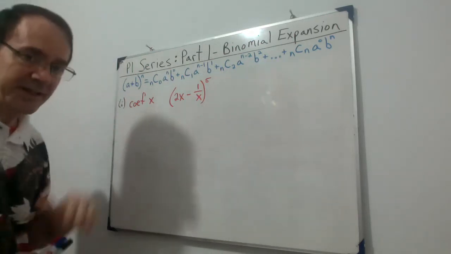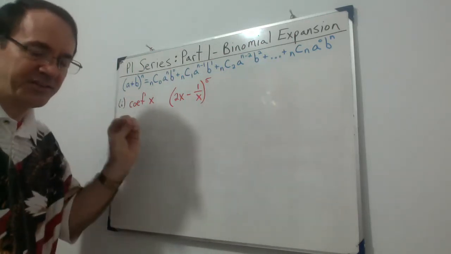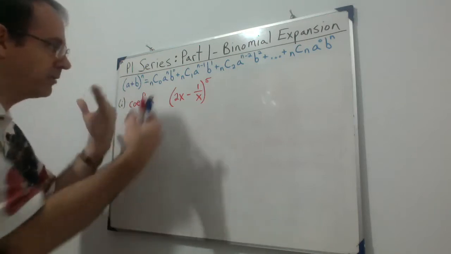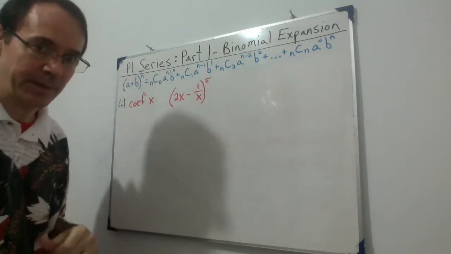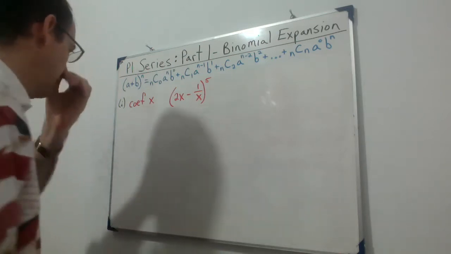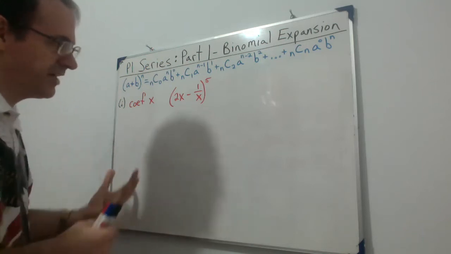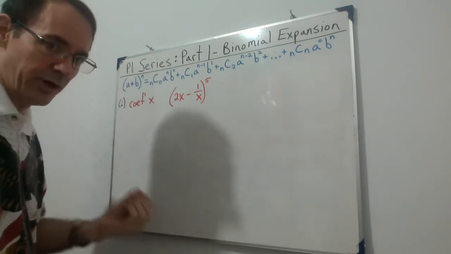These question types in Cambridge are very distinct, very easy to recognize. As soon as you see the problem, you know it's a binomial expansion problem. They are very skill-oriented, and it's to check to see if you can do it or not.